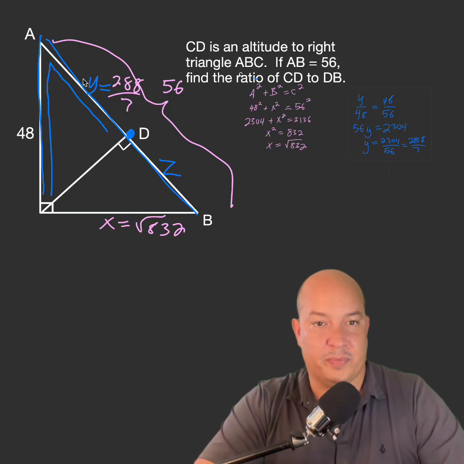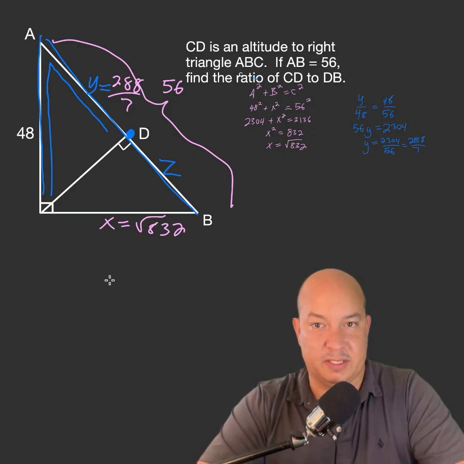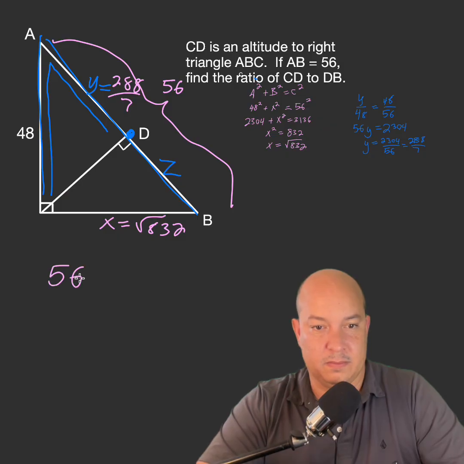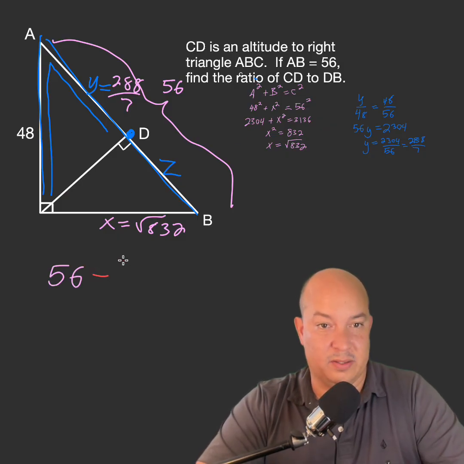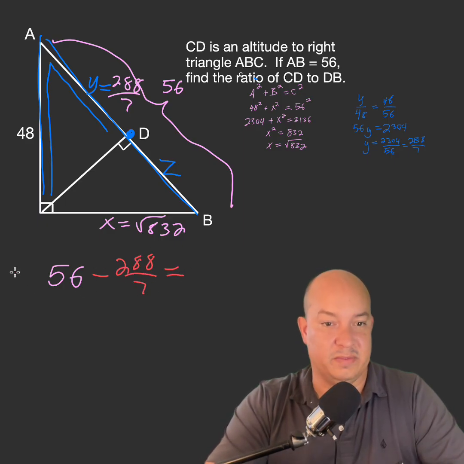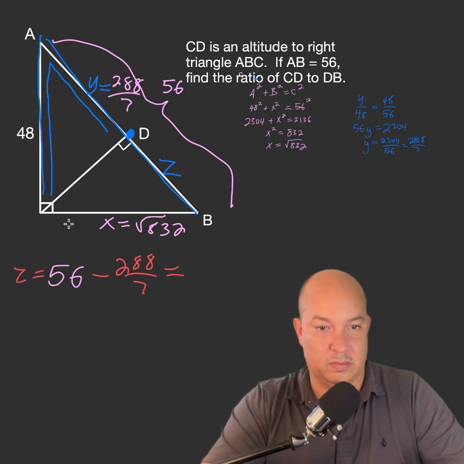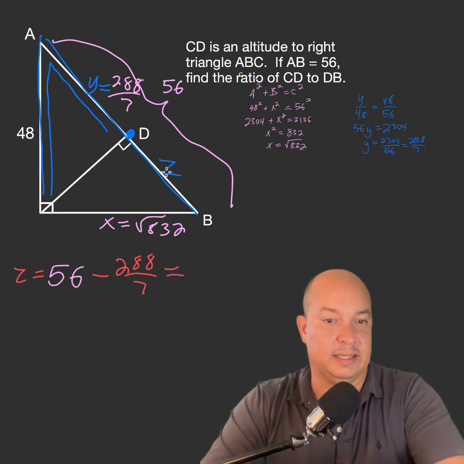And so now, we know the whole hypotenuse is 56, and we know that the piece we just found is 288 over 7. So if we subtract that, we'll get the value of z, because we're just taking away what we just found, which is part of the hypotenuse, from the whole hypotenuse, and we'll get the leftover piece.